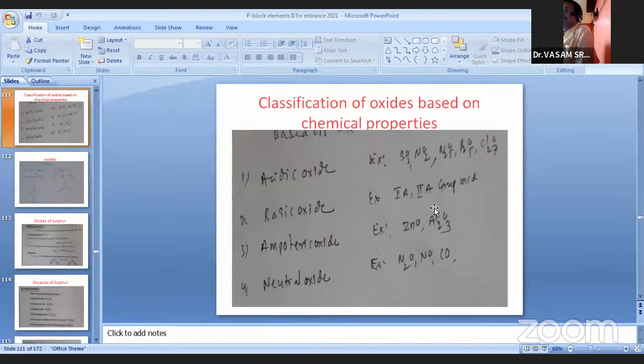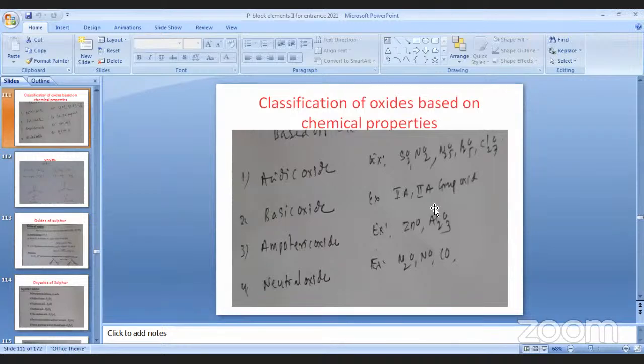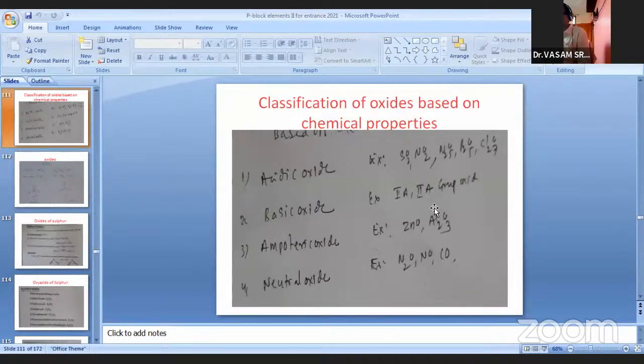In a second reaction, the same zinc oxide reacts with NaOH to give sodium zincate, where a salt also forms. But in this reaction, the zinc oxide role is acidic. So the same zinc oxide reacts with acid and base. That's why these types of oxides are called amphoteric oxides.